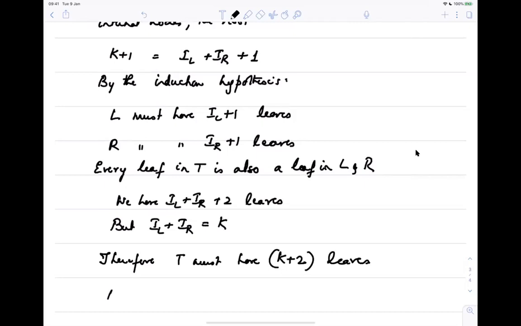That means k plus 1 also belongs to S. So S is all of the non-negative integers, by induction.